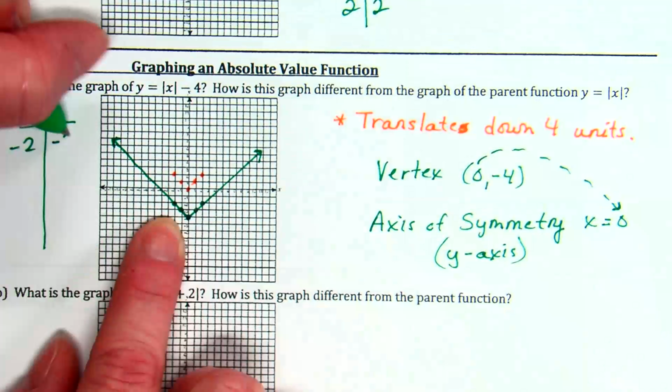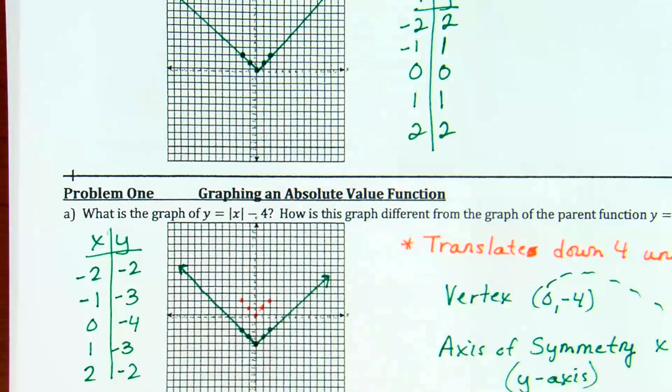The one next to it is -1, -3, 0, -4, 1, -3, 2, -2. That's my recommendation: you can go through and get them afterwards. The other option, listen just 2 seconds here. Notice what changed here. My y values from the original decreased by 4.